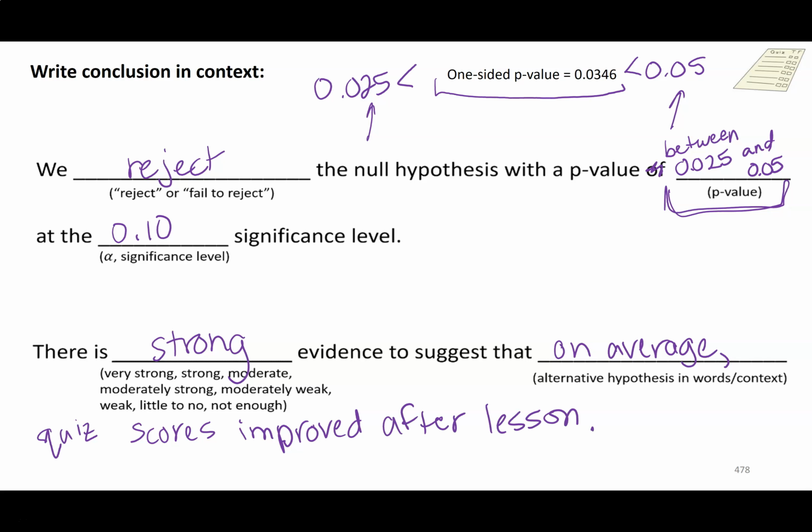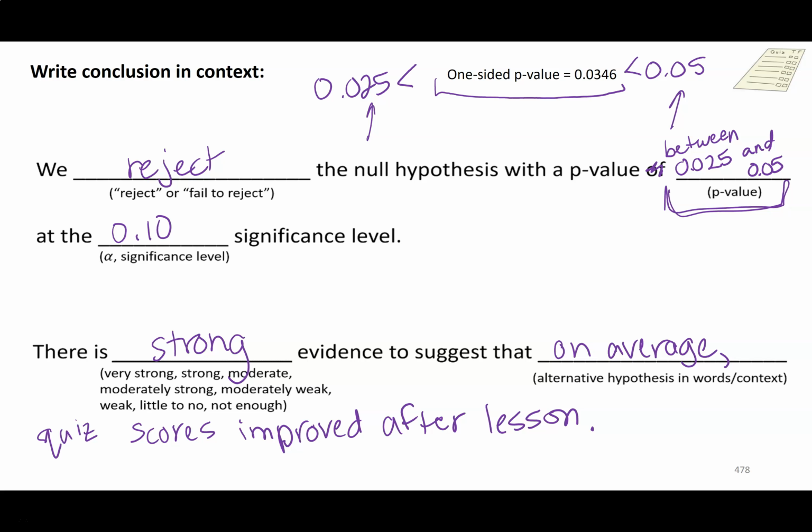So, hopefully that goes along with what we might expect, that their understanding of the material became better after the lesson. But yeah, on average, it looks like they improved.